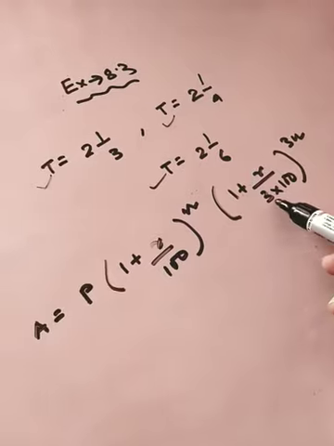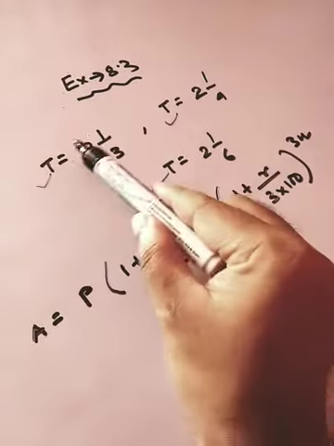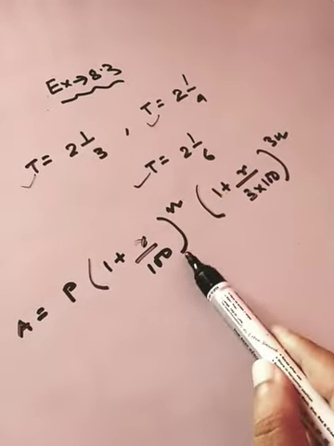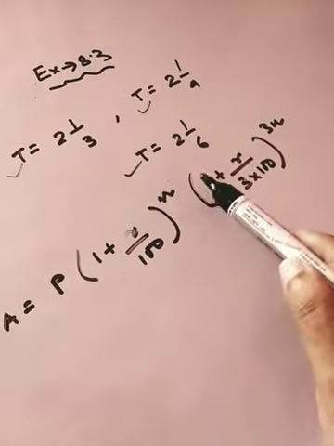Understood the difference? For 2 years this is the part, and for the other 1/3 you have written this part.